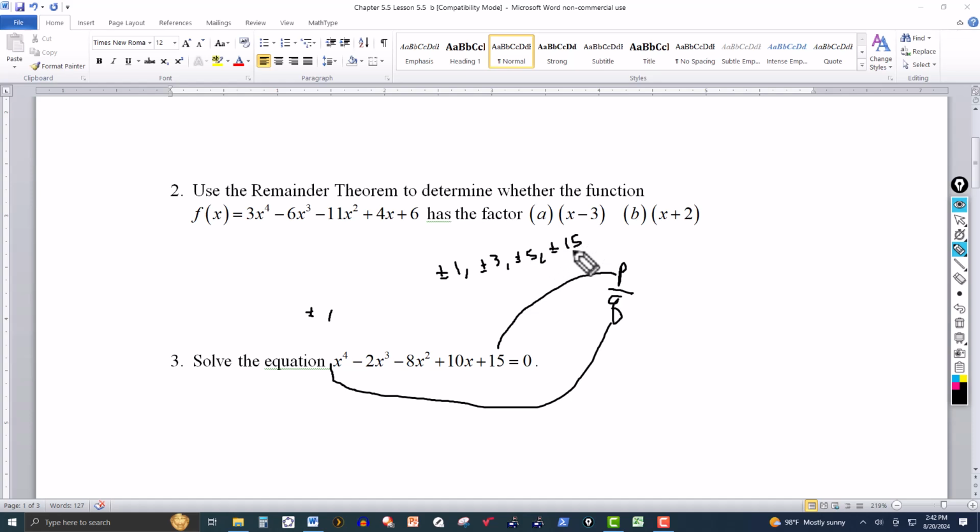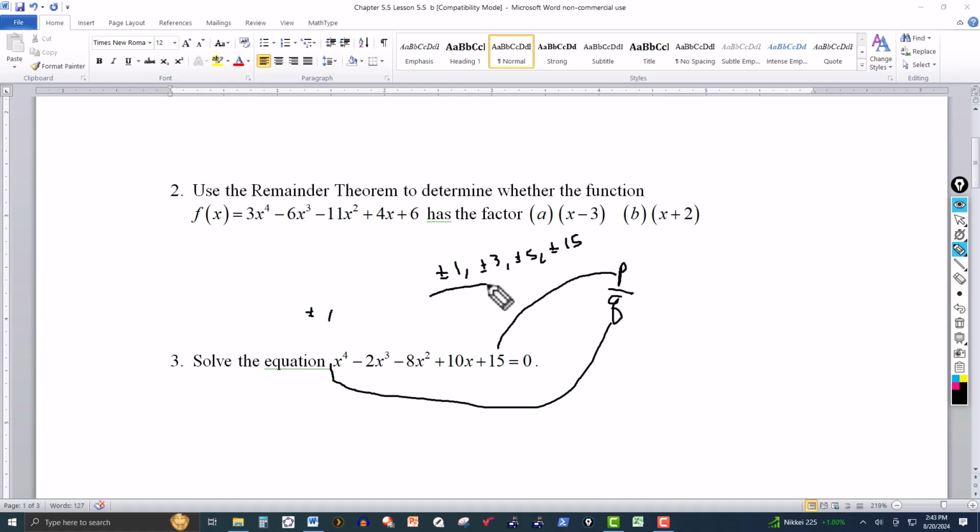So the Rational Zeros Theorem tells me that if a certain polynomial has a rational zero of the form P over Q, then it has to be a factor of the constant term divided by a factor of the lead term. So basically it's one of these divided by plus or minus 1.